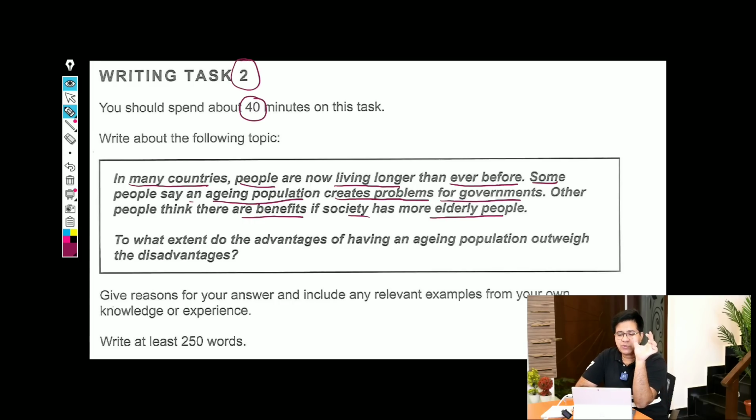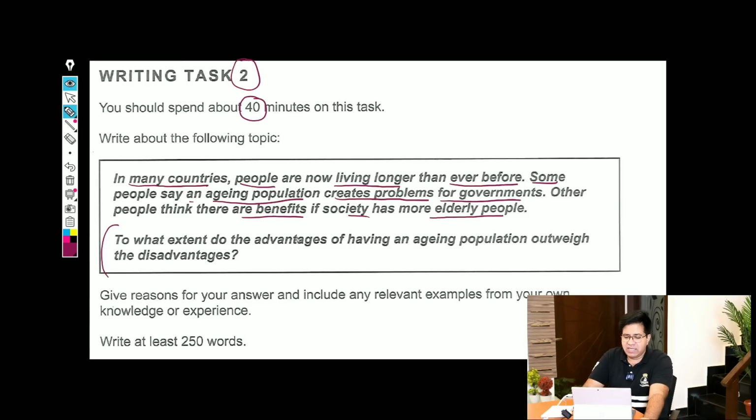Now there are two sides. One side is aging population creates problems for governments. You will not talk about children, okay? You will not talk about anyone else. Aging population creates problems for governments. Other people think there are benefits if society has more elderly people because they have experience and all that.